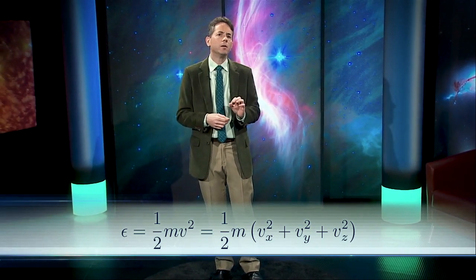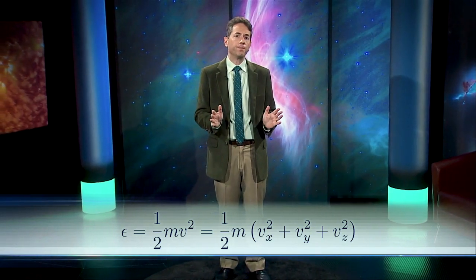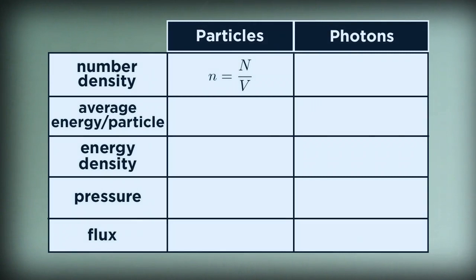And each one counts as a degree of freedom, so the average energy per particle is 3/2 kT, which means the energy density, U, the total energy per unit volume, is equal to 3/2 times the number density times kT. So the temperature of a gas is a scale for the energy associated with the random motions of the particles.